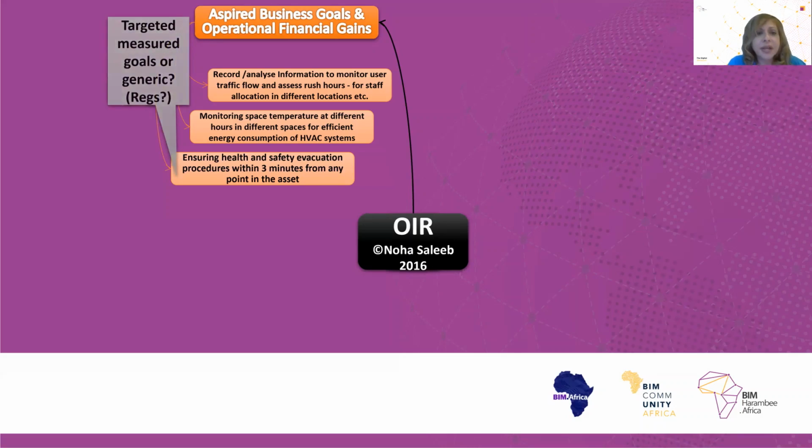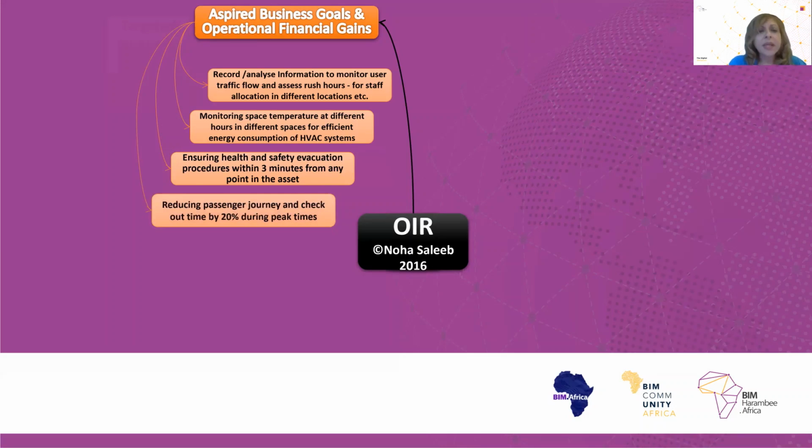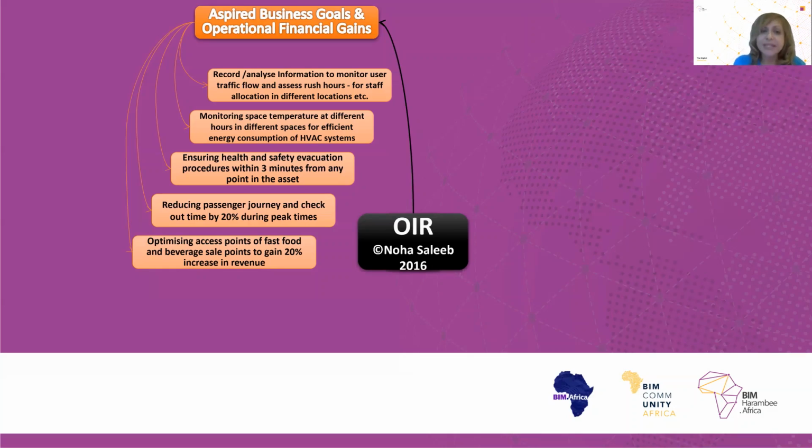This is another example, like reducing passenger journey and checkout time by 20%, for example, during peak time. So here is where we put a percentage instead of a certain numerical value. Optimizing access points of fast food and beverage sale points to gain 20% increase in revenue. That is a business objective which will affect how those food and beverage sale points are designed, for example.